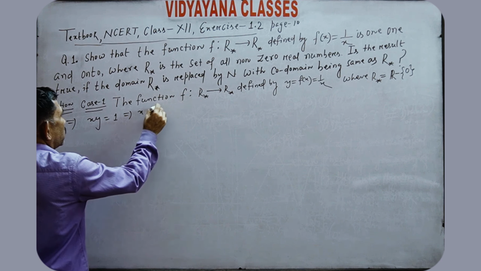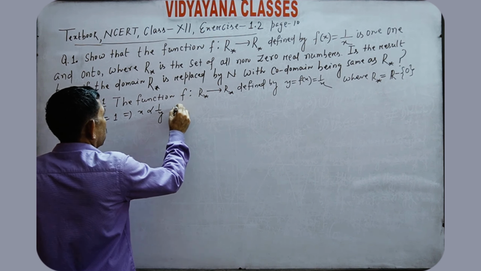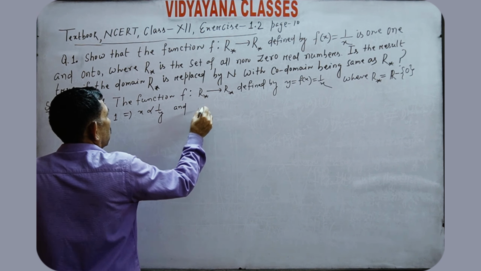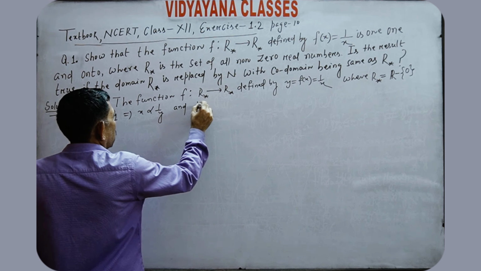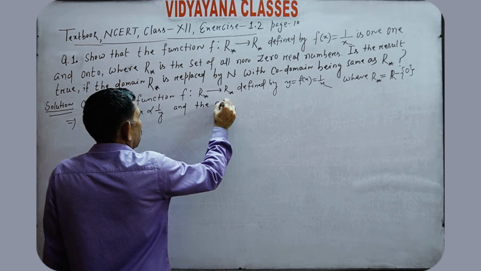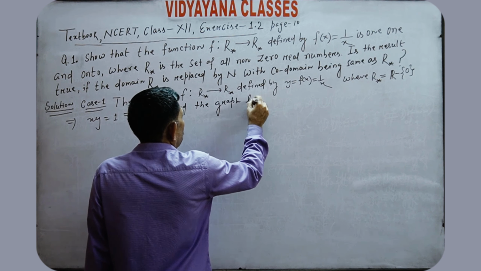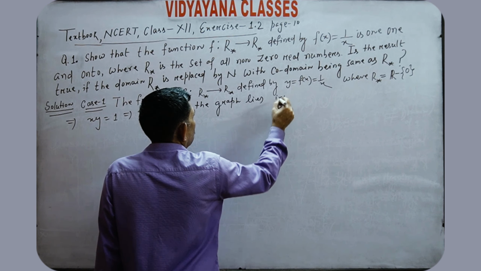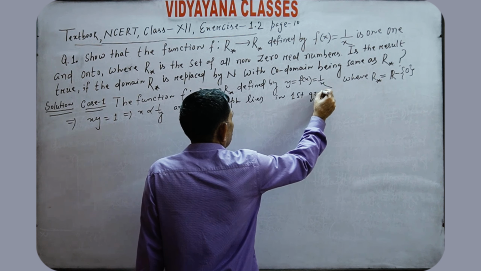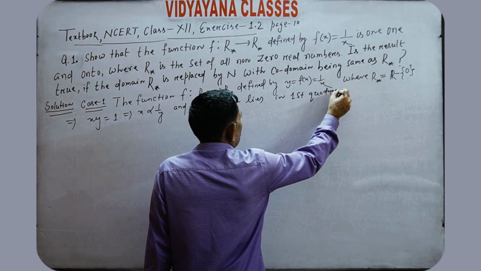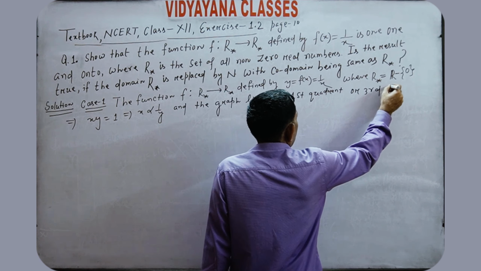Implies x is inversely proportional to y, and the graph lies in the first quadrant or third quadrant.